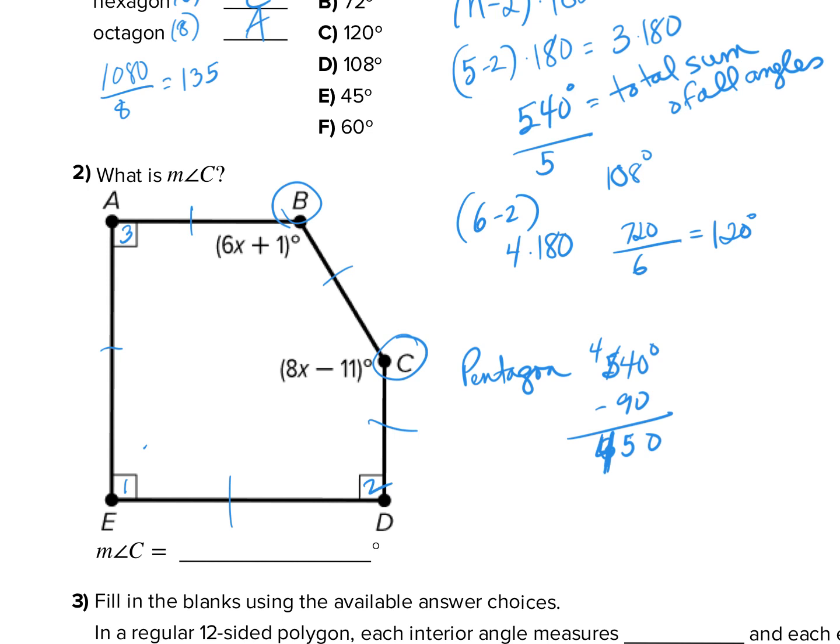So to determine the total number of degrees between angles B and C, I actually need to subtract 270 degrees, because 90 plus 90 plus 90 gives me 270. So let's try this again. Let's do 540 minus 270.